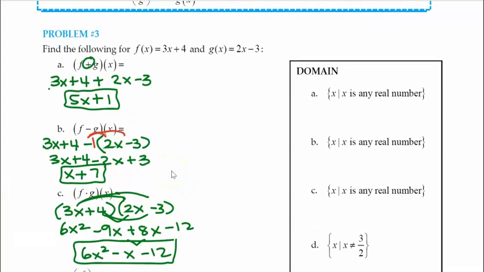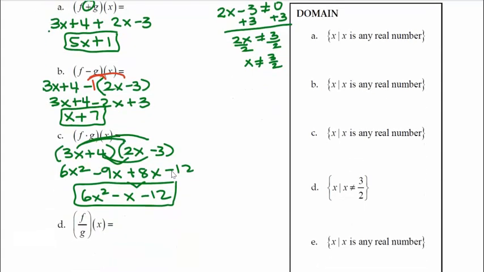If this is my denominator, I have to take that to find the domain. I've got to say that cannot equal 0, because I can't divide by 0. And then I want to solve that for x so I can see what x can't be. So 2x cannot be 3, and then divide both sides by 2. So x cannot be 3/2. It can be any other number.